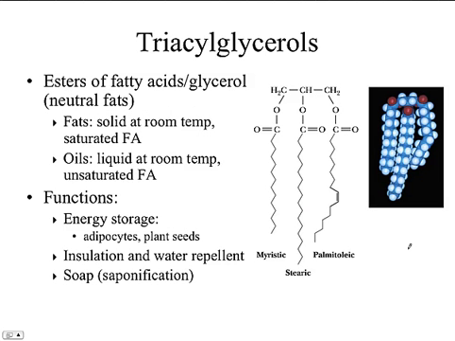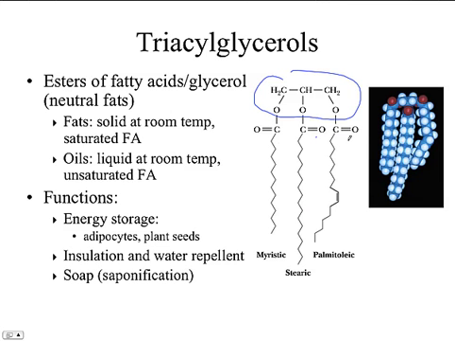Most of our fats are found in the form of triacylglycerols, and triacylglycerols are esters of fatty acids that basically are 3 fatty acids attached to a glycerol molecule. So if we look at the structure here, here's our molecule of glycerol, and here are the fatty acids attached to that by an ester bond.